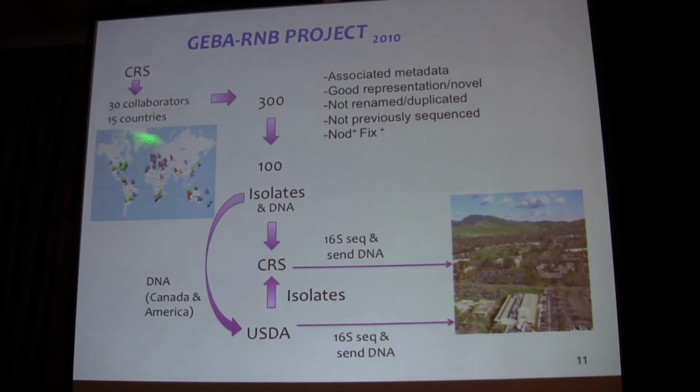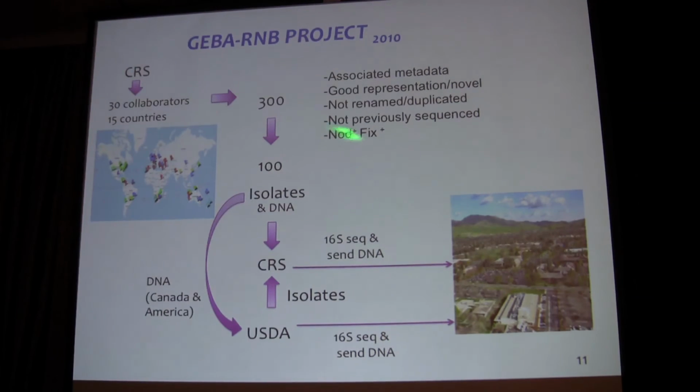And we ended up with a total of just over 30 collaborators from 15 different countries. And we put out an invite to submit their favourite organism. We got 300 submissions. And then the process was to whittle that down to 100 of the most important ones. And that's just a map on the left-hand side showing the distribution of those isolates across the globe.